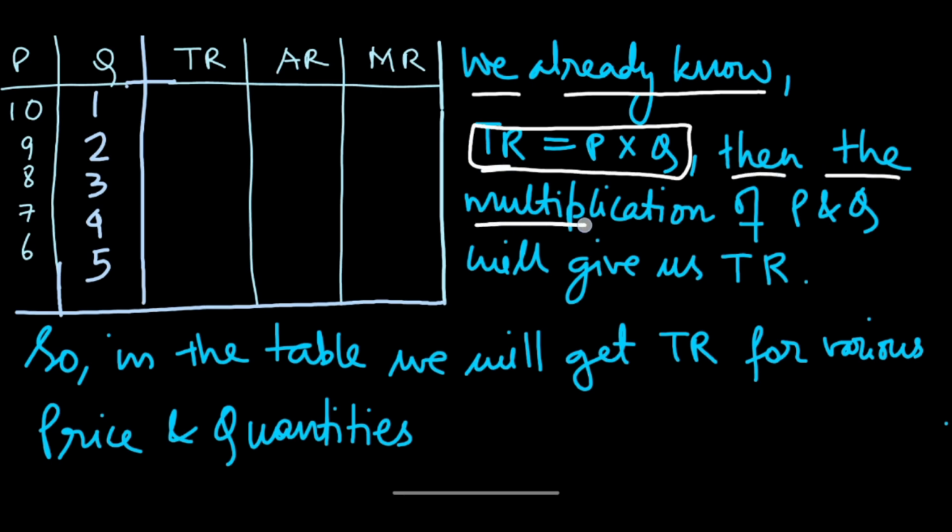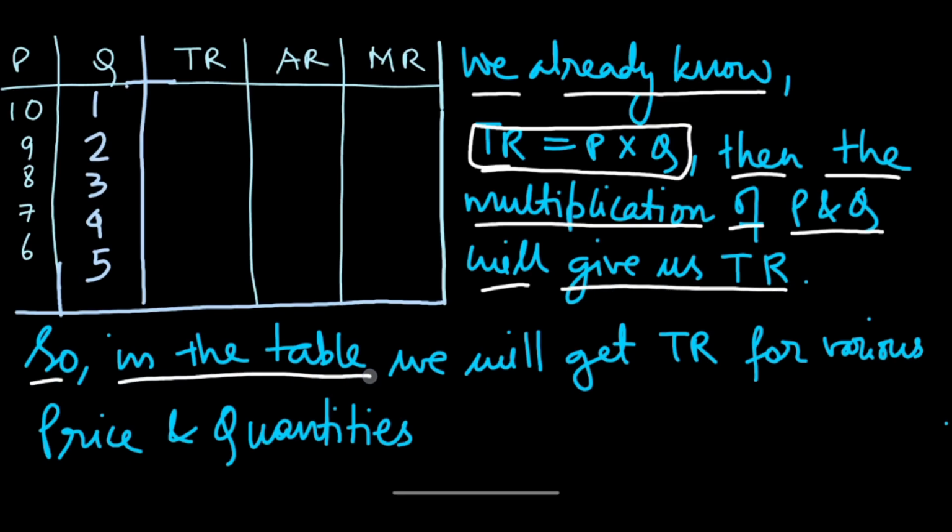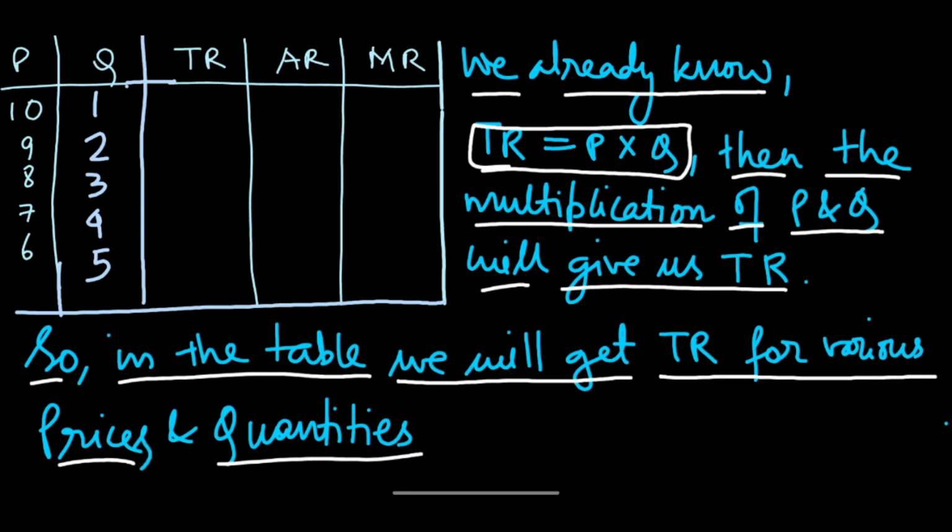The multiplication of P and Q gives us the total revenue, or TR. Thus, we get the TR as follows: 10, 18, 24, 28, and 30.